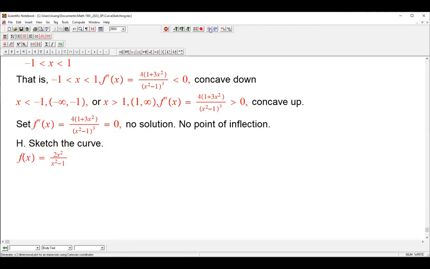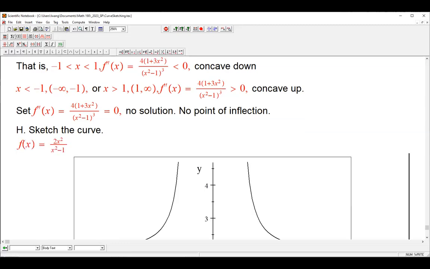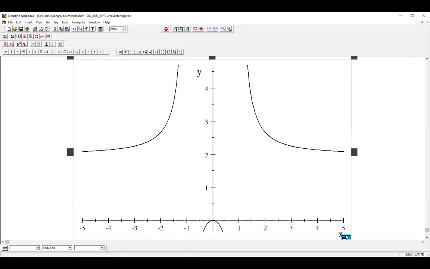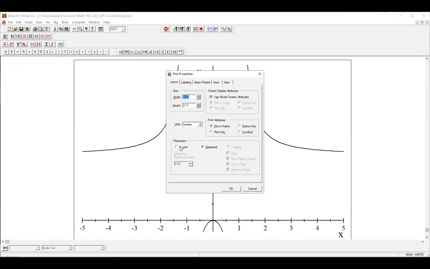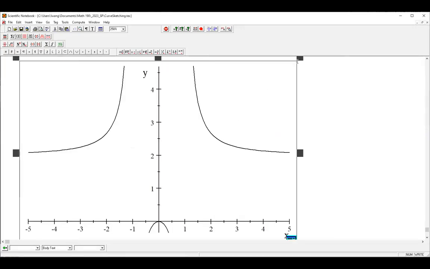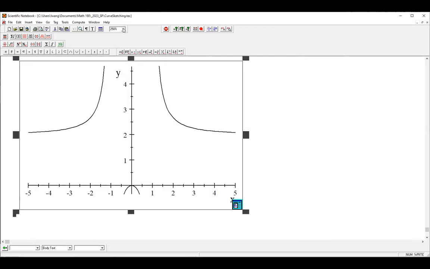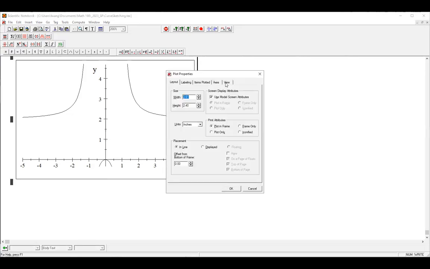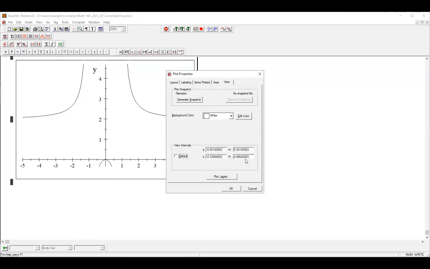You could have sketched it a little earlier. So let's look at the curve. I'm going to make some adjustment. Looks like there's some more stuff.